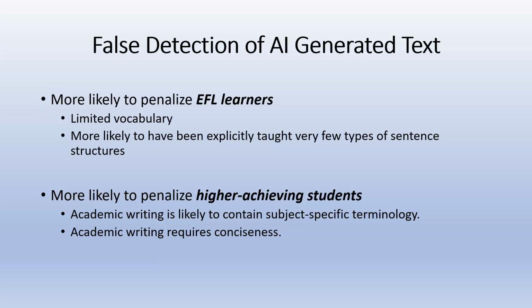This basically means that students who are producing work containing subject-specific terminology and writing in a concise and direct way, as is appropriate for academic writing, are more likely to be considered to be using burstiness, because they'll be using subject-specific terminology for which there really are no good synonyms. And they will be writing in a similar type of sentence structure consistently, as academic writing truly does require conciseness.